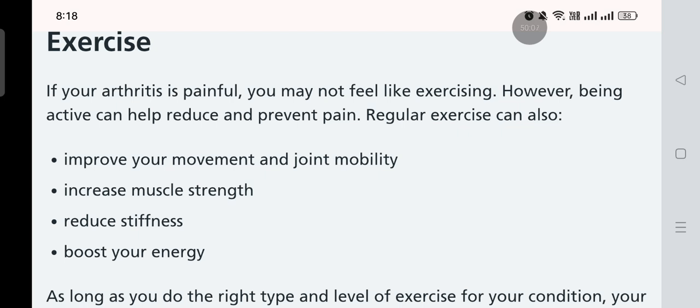Regular exercise can also improve your movement and joint mobility, increase muscle strength, reduce stiffness, and boost your energy.